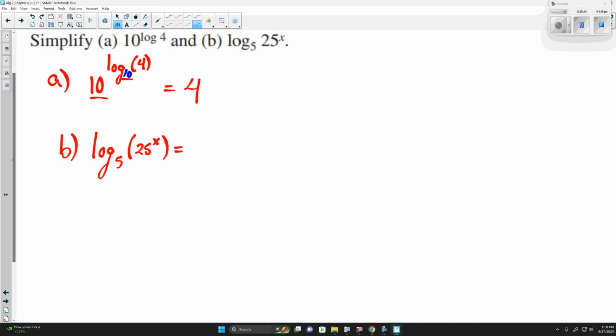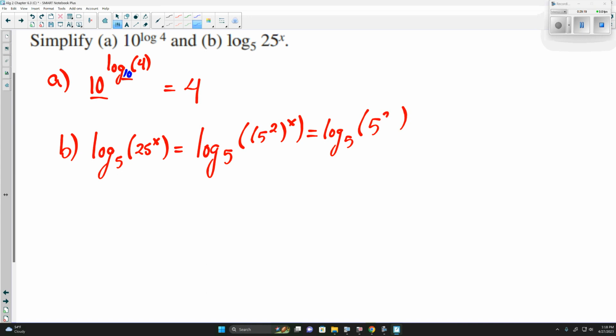Now the other one's wanting to use our log base b of b to the x. We want the number inside the log to be the same as the base. But luckily for us, we can rewrite 25 as 5 to a power. 5 to what power? 5 to the second, 5 squared is 25, yes? Now we'll do one step more before we finally simplify it. Because powers of powers multiply, so 2 times x is going to be 2x.